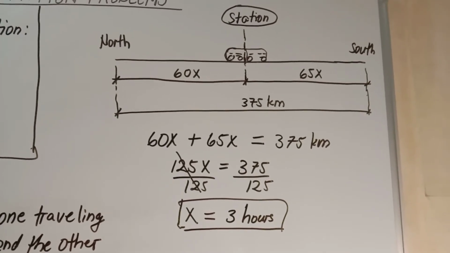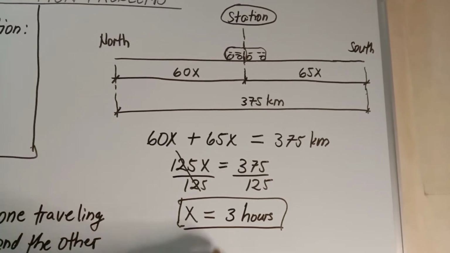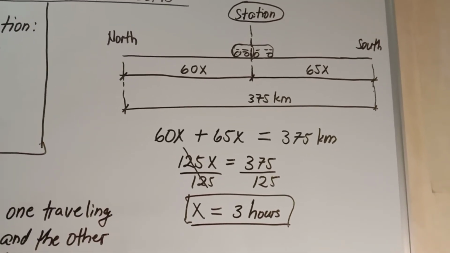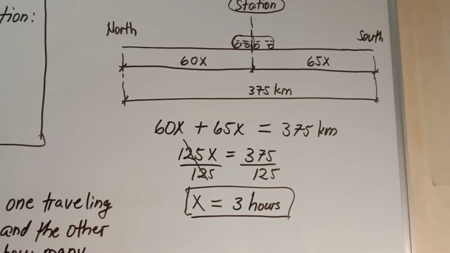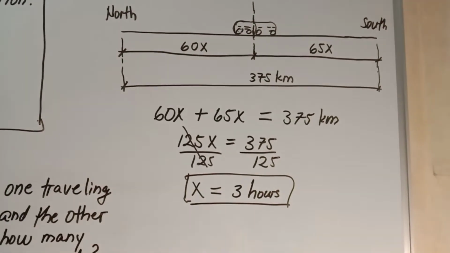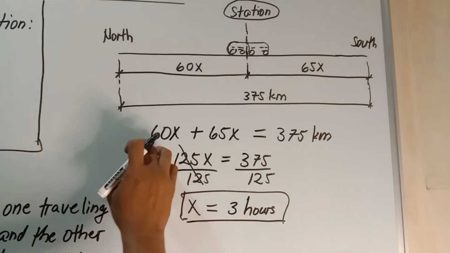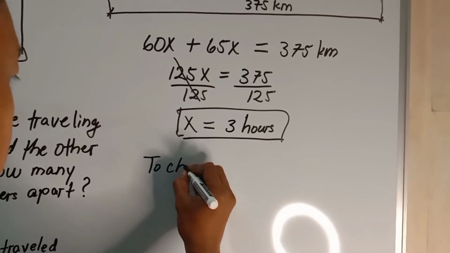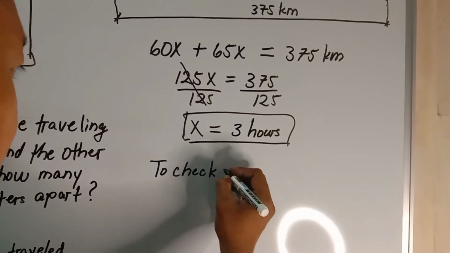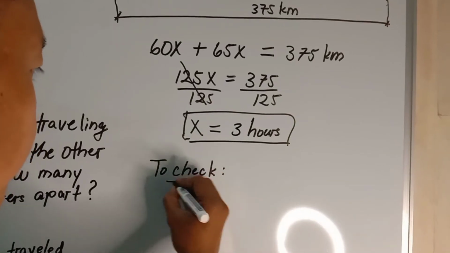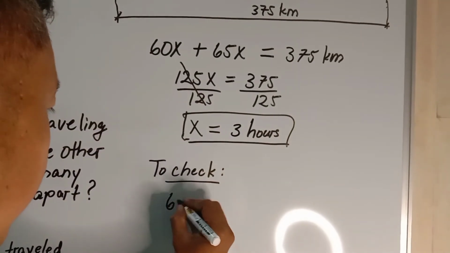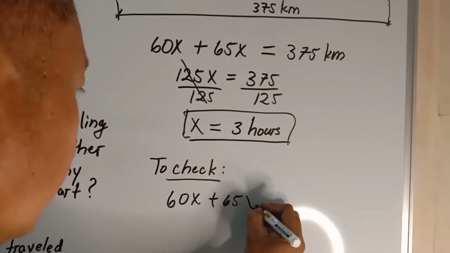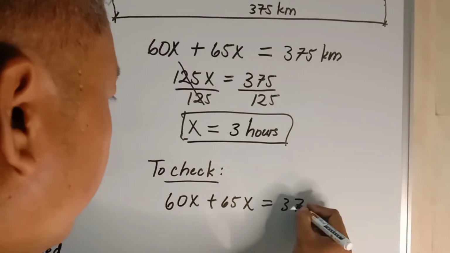Now to prove this value, whether 3 hours is a correct answer, this is the final answer of this problem. To check this problem using this expression, to check whether our answer is correct: 60x plus 65x is equal to 375.